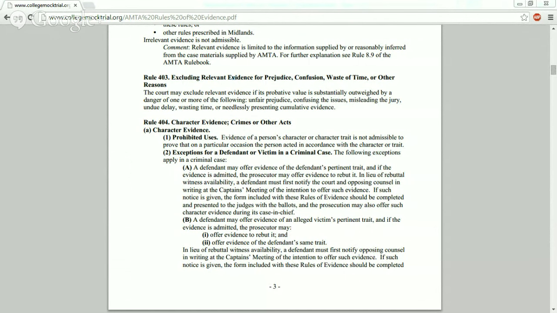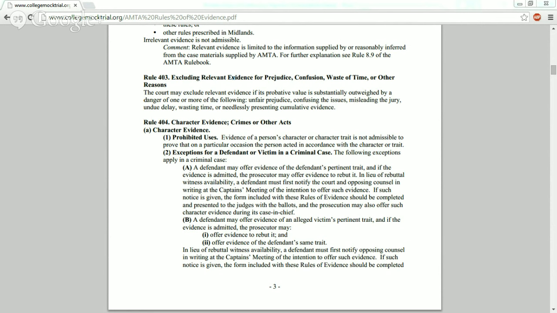So something very important with Rule 403. When you argue Rule 403, argue it within the language of the rule because it helps you, especially if you're trying to keep stuff out. Probative value substantially outweighed by the danger of prejudice.